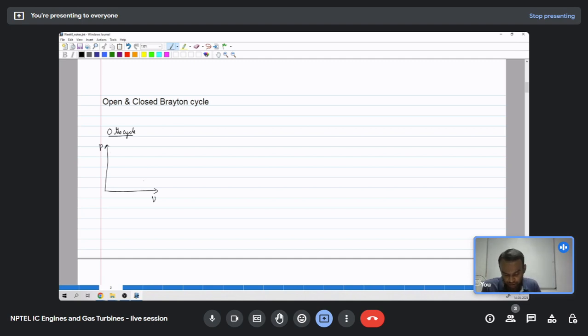In the Otto cycle we had air compressed isentropically, and then heat is added at constant volume, and then the gas is expanded isentropically, and then heat is rejected at constant volume. And similarly, I will mark this 1, 2, 3, 4.